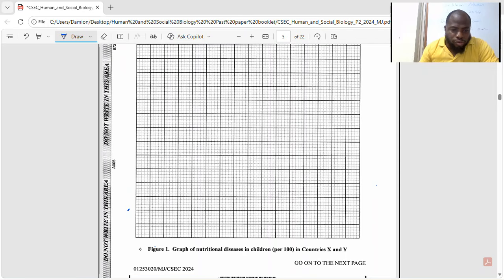So I can go by 2 centimeters to every 10,000, because you know they said that it's in 100. So we have 20, 30, 40, 50, 60, you want to go up a little bit.